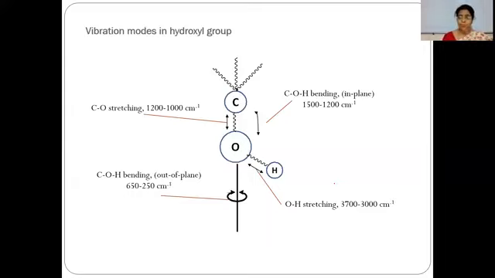If we discuss the bending vibration in carbon oxygen hydrogen bond, these vibrations can be in plane as well as out of the plane. Carbon oxygen hydrogen bending in plane vibration is observed at 1500 to 1200 centimeter inverse, and carbon oxygen hydrogen bending out of plane vibration shows absorption at 650 to 250 centimeter inverse.